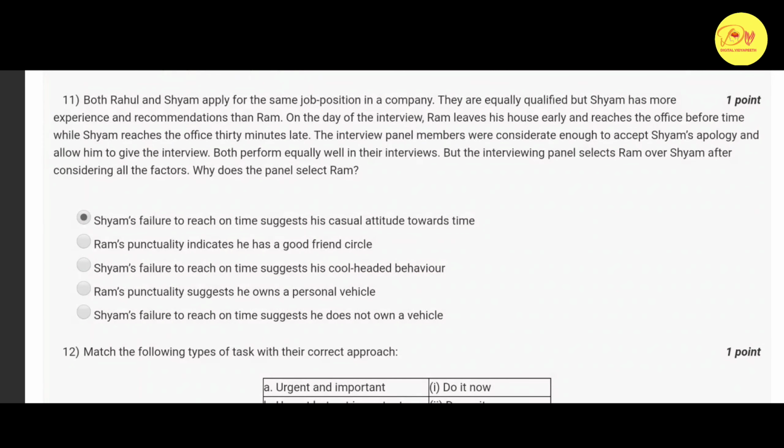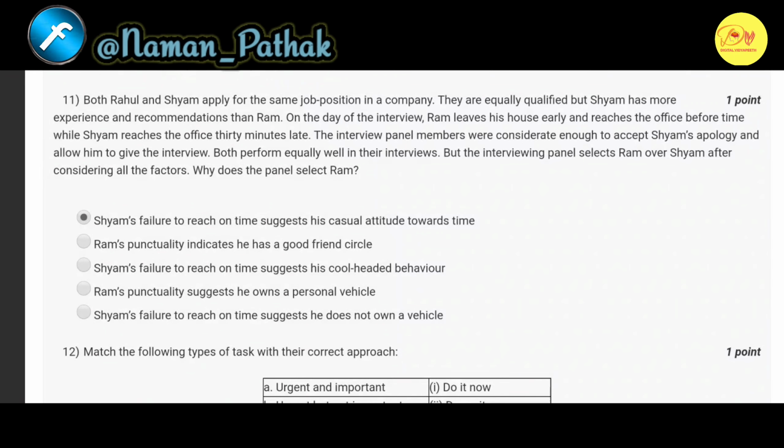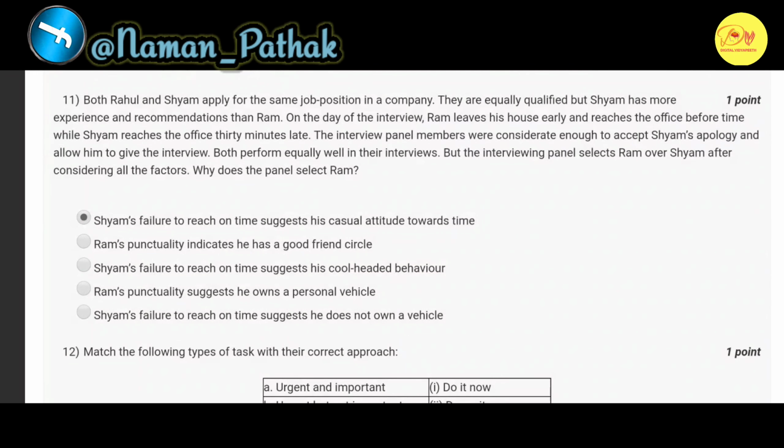The interview panel members were considerate enough to accept Shyam's apology and allow him to give the interview. Both perform equally well in their interviews, but the interviewing panel select Ram over Shyam after considering all the factors. Why does the panel select Ram? Correct option is A. Shyam's failure to reach on time suggests his casual attitude towards time.